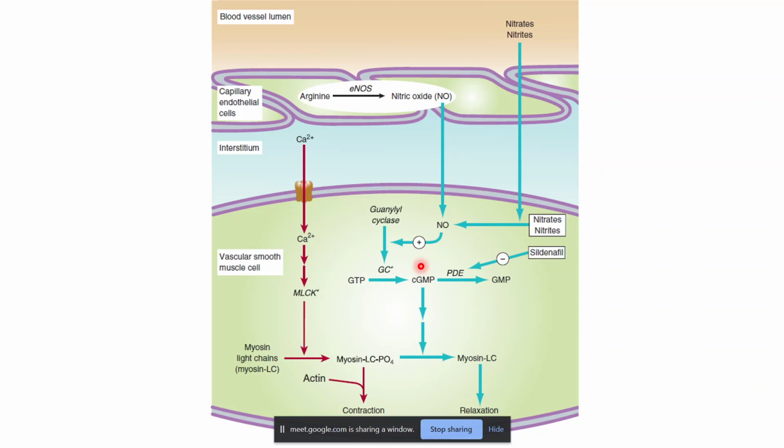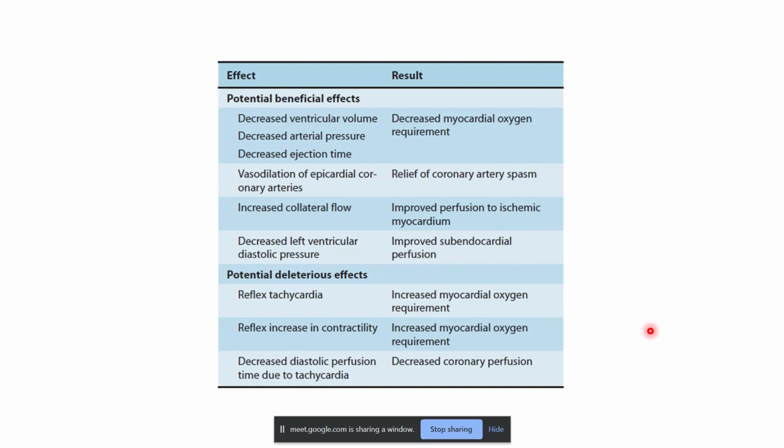So the smooth muscles are relaxed in response to the nitroglycerin, and veins are responding at low concentration, arteries at slightly higher concentrations. The epicardial coronary arteries are also sensitive, but concentric lesions can prevent significant dilation.